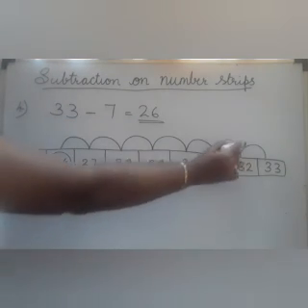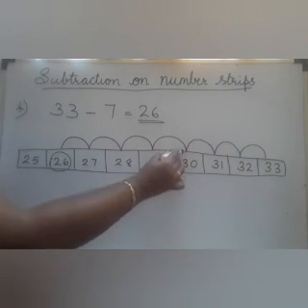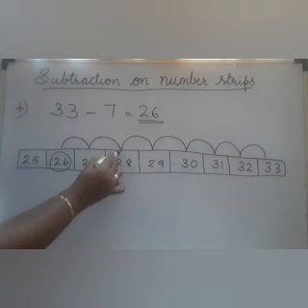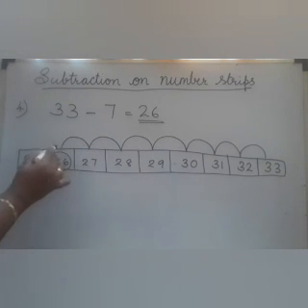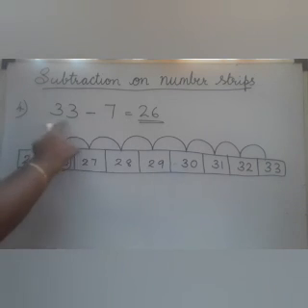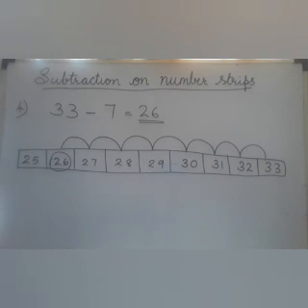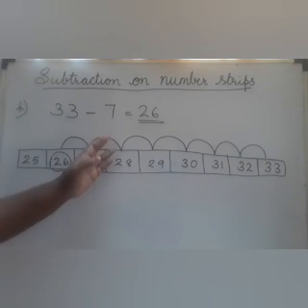From 33, 1, 2, 3, 4, 5, 6, 7. Where are we now? We are at 26. So the answer of 33 minus 7 equals 26. Is it clear, my dear kids? This is how we do the subtraction on number strips.